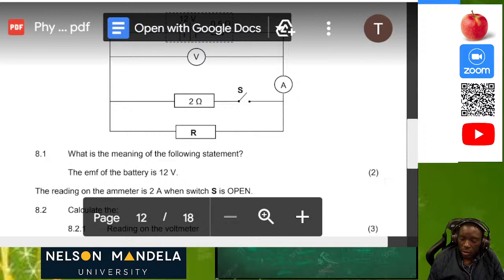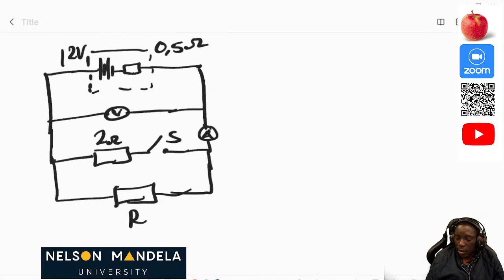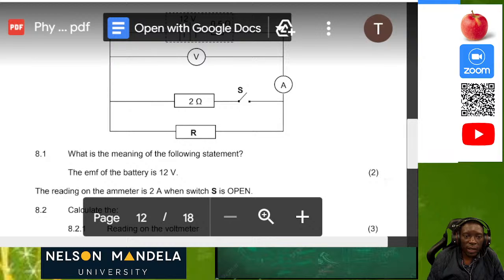It's 2 ohms. So this is 2 ohms, and this is 0.5 ohms inside, and the supply is 12 volts. Okay, so this is the circuit, and we're told that with the circuit in this condition, we are asked to give the reading on the voltmeter.